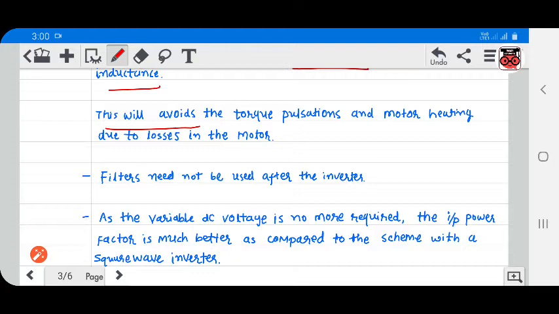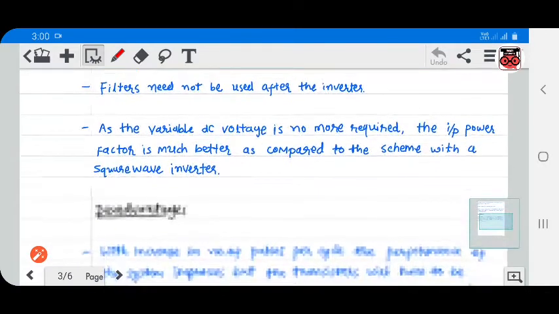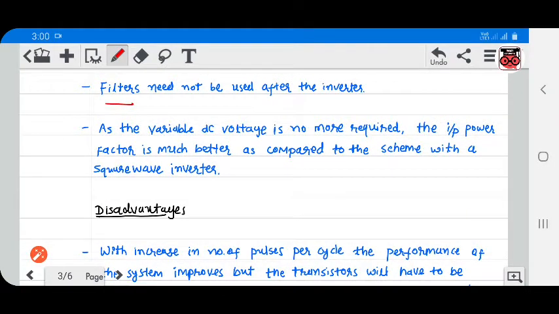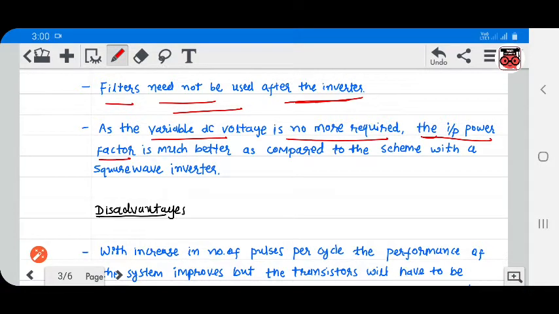This will avoid the torque pulsation and motor heating due to losses in the motor. Filters need not be used after the inverter. As the variable DC voltage is no more required, the input power factor is much better as compared to the scheme with a square wave inverter.